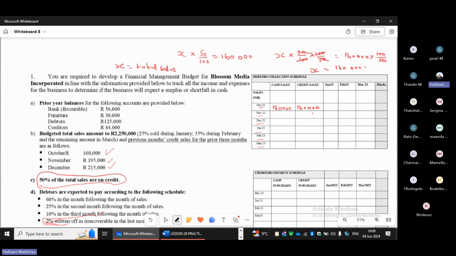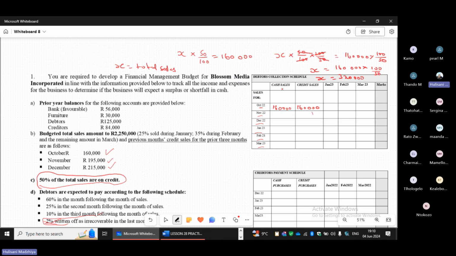Therefore, X is equal to 160,000 multiplied by 100 divided by 50, and 100 divided by 50 is 2. So 2 multiplied by 160,000 gives you your final answer: X is equal to 320,000. This means that the total sales for October is 320,000, and therefore cash sales at 50% takes you back to 160,000.